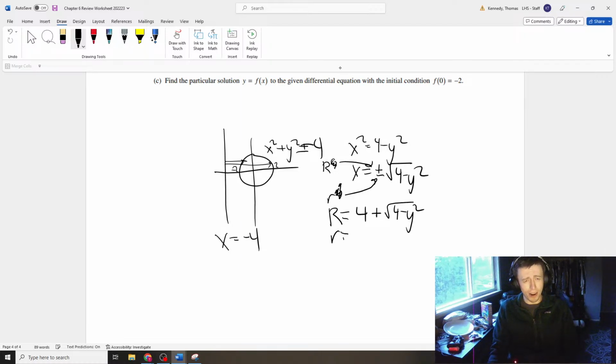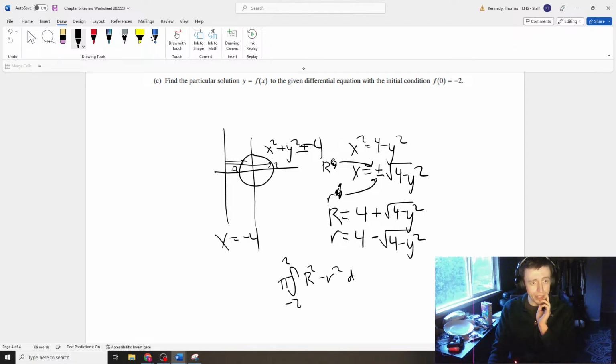And my little r would be 4 minus the square root of 4 minus y squared. And now that you have this, it's just the integral from -2 to 2 of pi times big R squared minus little r squared dy. Like these. That's the donut question. So really, it's actually not beyond the pale. It was quite reasonable and quite similar to the question Rachel asked me about.